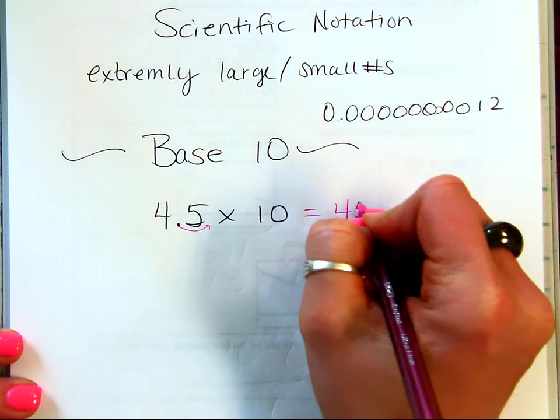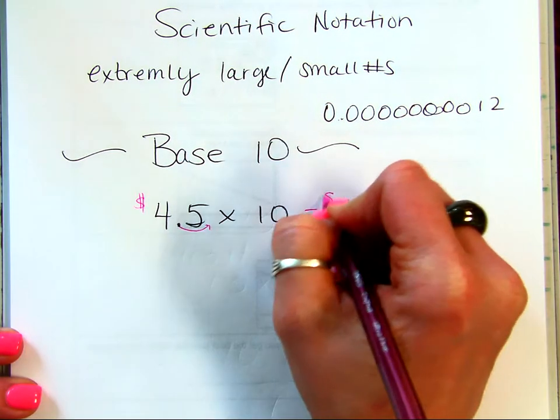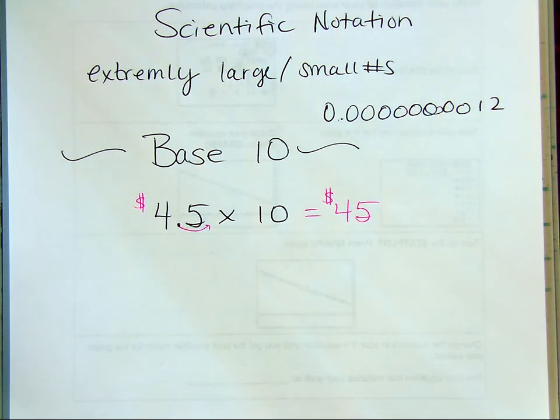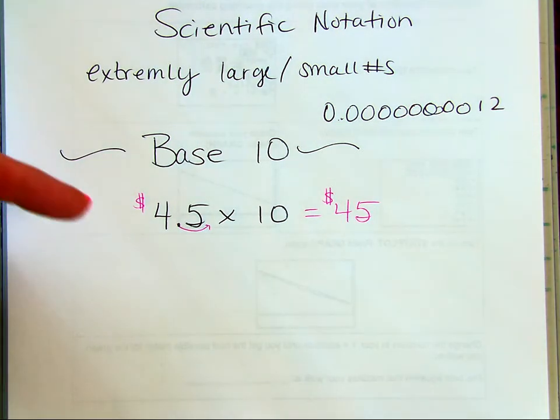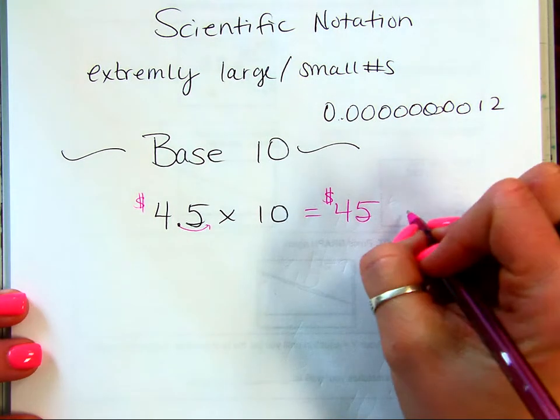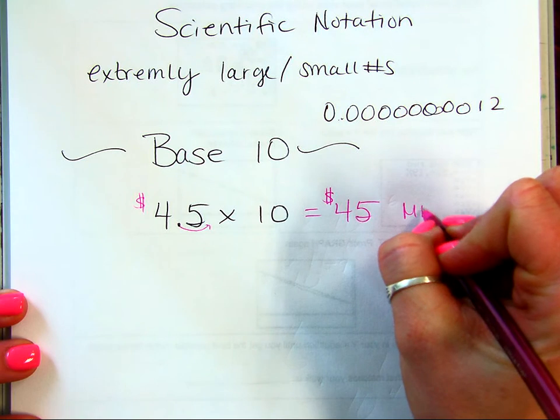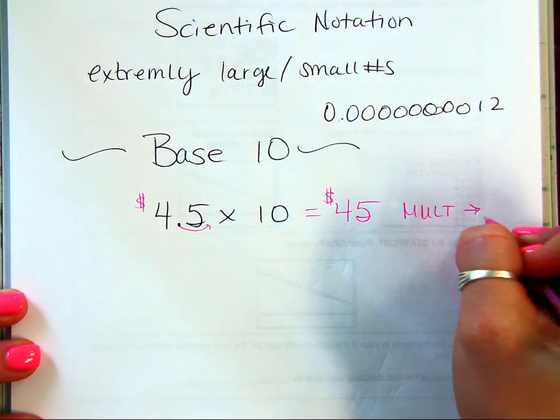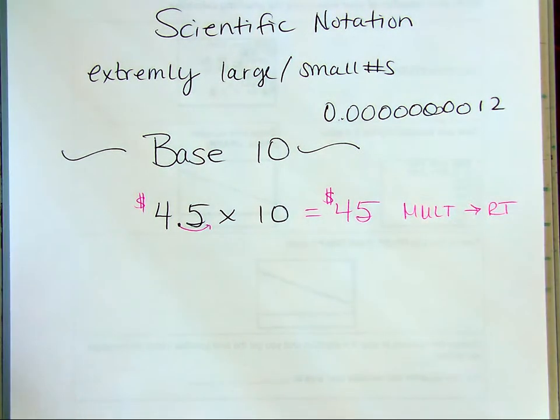If you're thinking of money, $4.50 became $45, right? So that turned it into a bigger number, and multiplication makes things bigger, right? So when you multiply by a power of 10, the decimal gets moved to the right, correct?